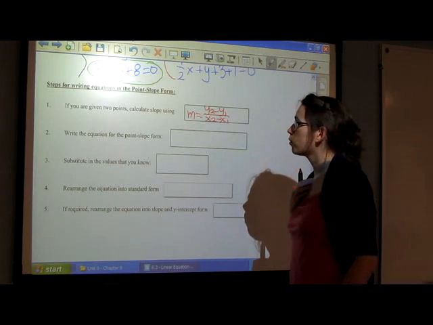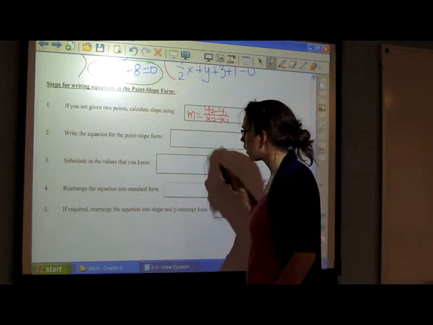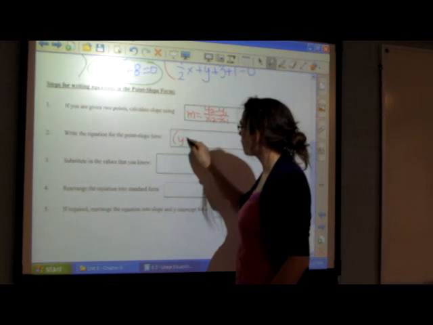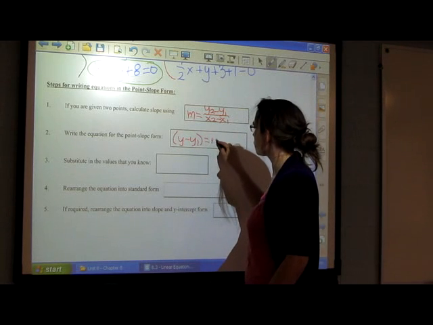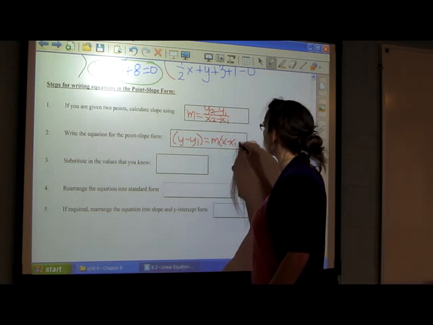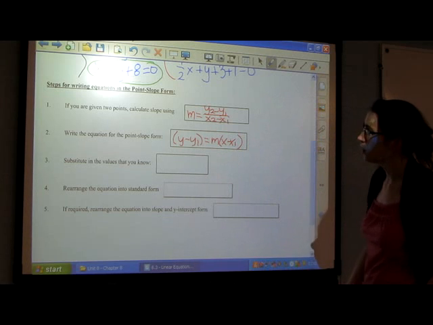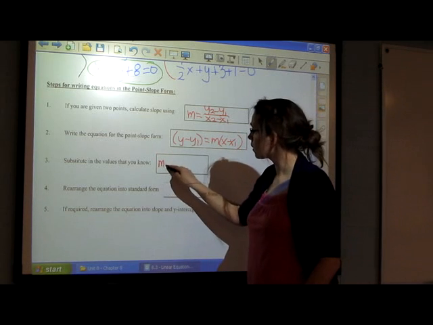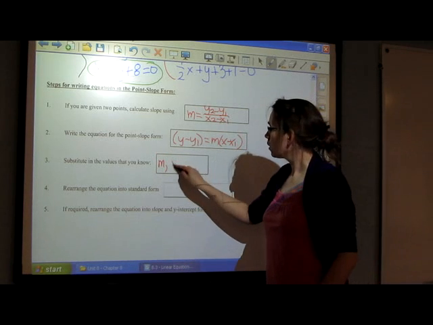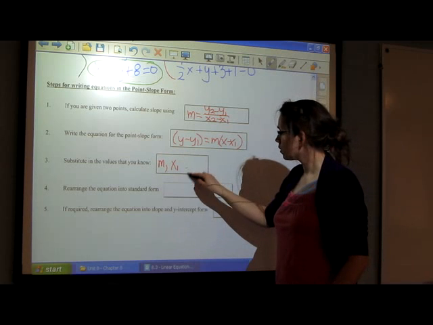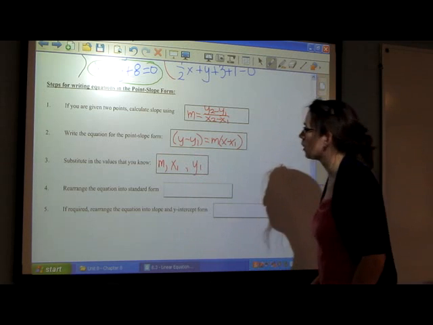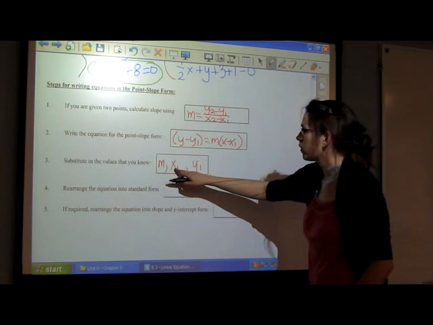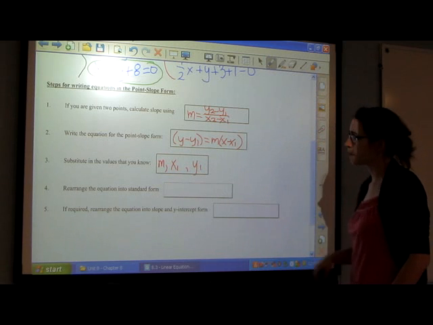Step 2, write our equation for the point-slope form, and remember that's just y minus y1 is equal to m times x minus x1. Substitute in the values that you know. So the values you should know are something for your slope, which is m. You should have an x1 point, and you should have a y1 point. So m, x1, and y1.